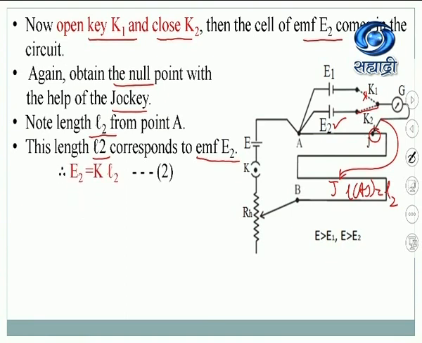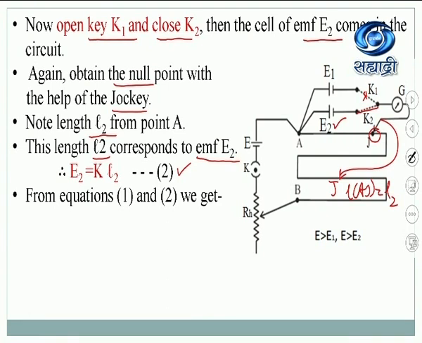From the principle of potentiometer, again we have E2 equal to K times L2, where again K is constant, that is potential gradient. So we got this second equation. From equations 1 and 2, the first was E1 equal to K times L1, the second is E2 equal to K times L2.